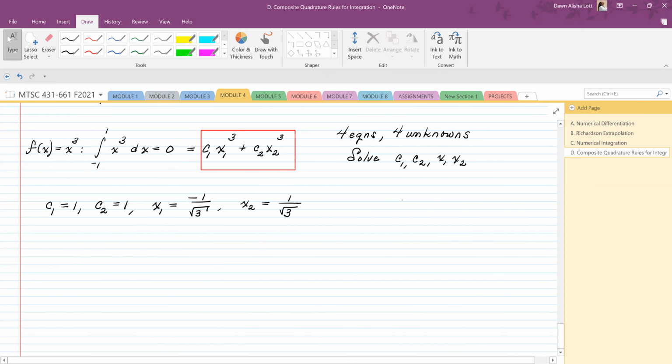So therefore, my integral I equals the integral from -1 to 1 of f of x dx turns out to be approximately f of -1 over the square root of 3 plus f at +1 over the square root of 3.